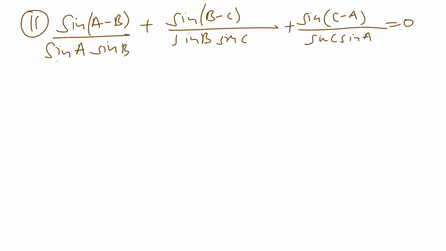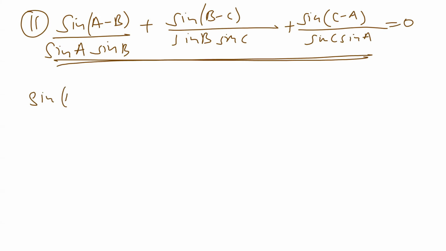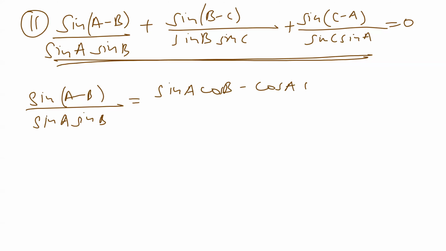So for the LHS, I'll just first take the first term, sin A minus B upon sin A sin B. So in the numerator, apply that compound angle formula: sin A cos B minus cos A sin B upon sin A sin B.